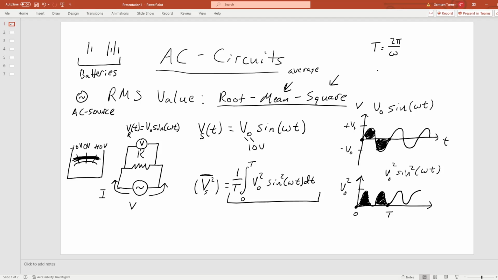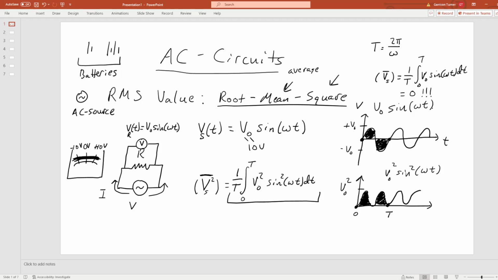So the time average of your source would just be 1 over T integral from 0 to T of V naught sine omega t dt. Okay, but for a sine function, this is always going to be 0.